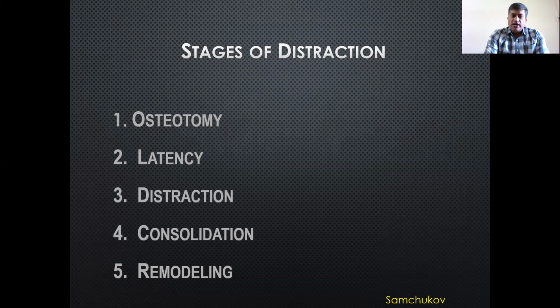Now, after the consolidation phase is over, the newly formed bone undergoes extensive remodeling, and this remodeling reshapes the bone to restore the original contour of the bone, and it also creates the patency of the inferior alveolar canal, like what should occur in the normal mandible. So these are different stages of distraction osteogenesis that we all should be very well versed with.